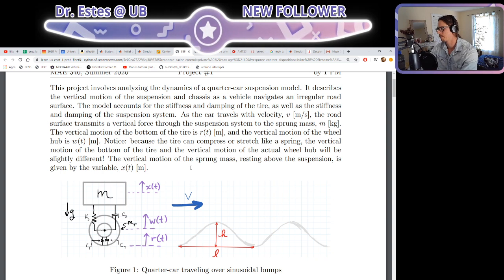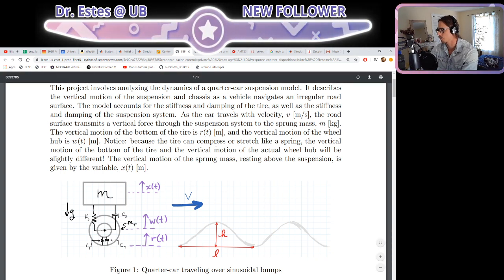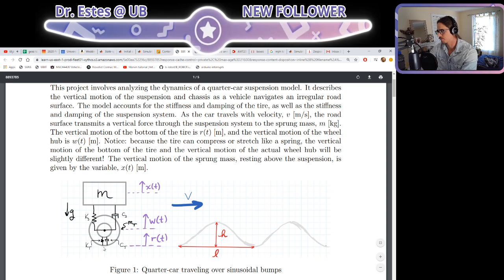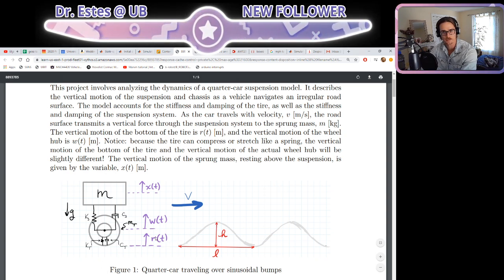Okay. And I make a little note here. Because the tire, we're modeling that it can compress and stretch a little bit like a real tire, this vertical motion of the bottom of the tire as it goes over this profile could actually be a little different than the motion of the wheel hub.